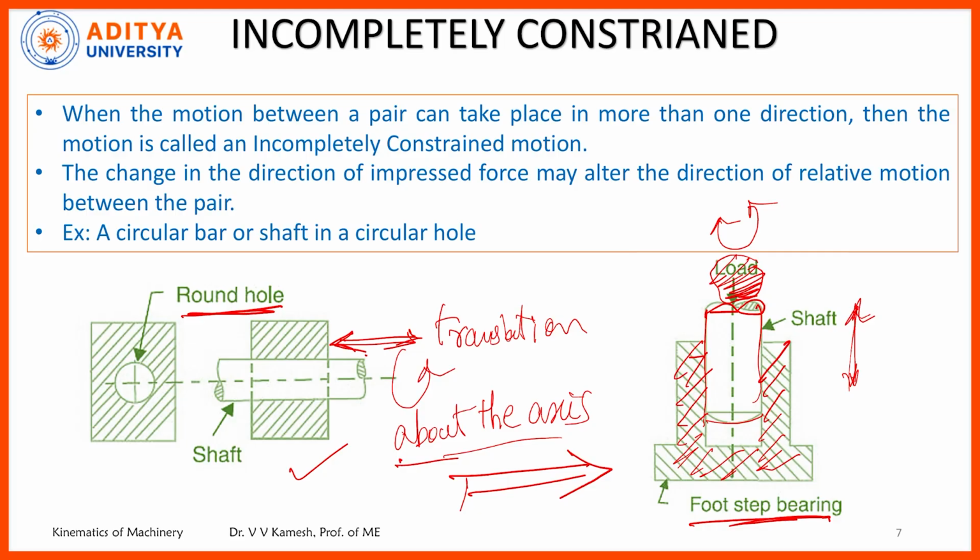But in the footstep bearing, you need to have only rotation, right? Then what will you do? You put some load in the axial direction. If you want only rotation, you need to prevent the axial movement of the shaft. So how can you do that?